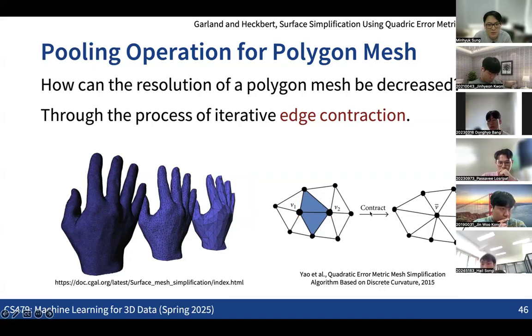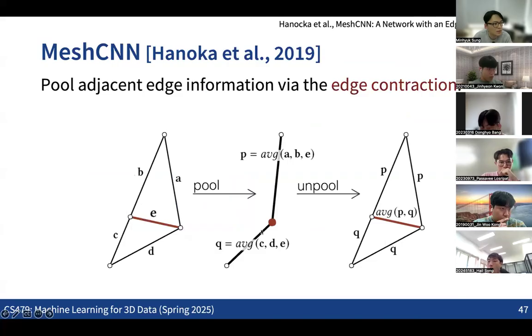If I go to the next slide, given these two faces, we can remove them by merging these two vertices, left and right. Then I also merge the two edges, A and B, and also C and D, so these are stitched together like this.